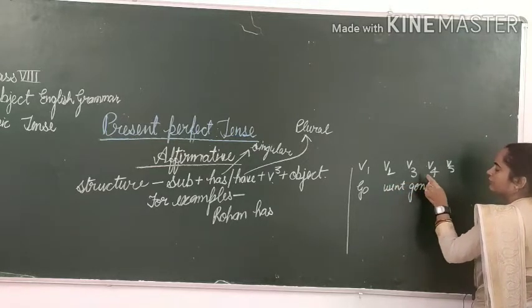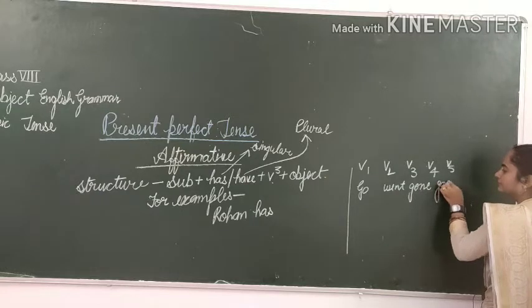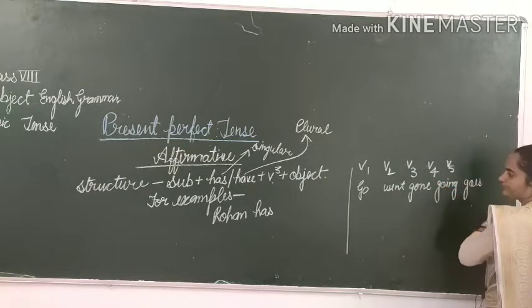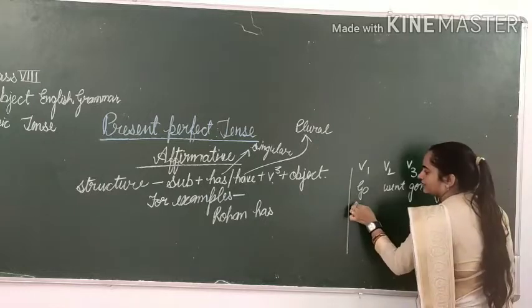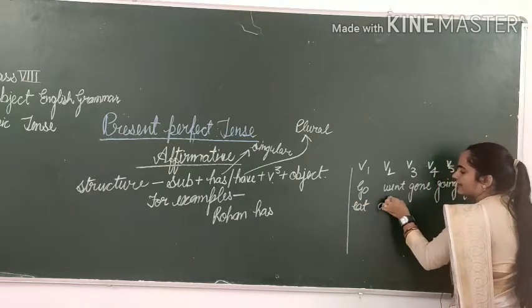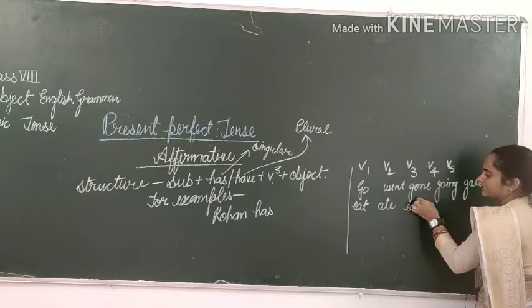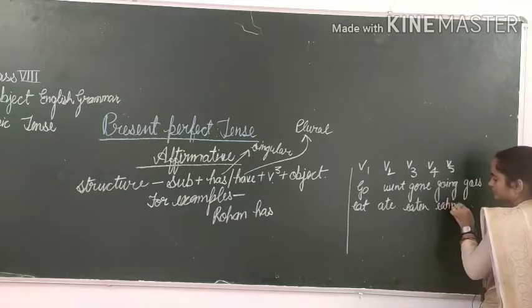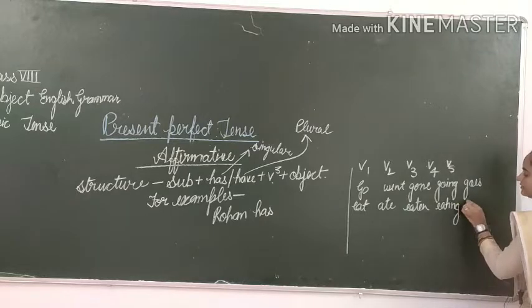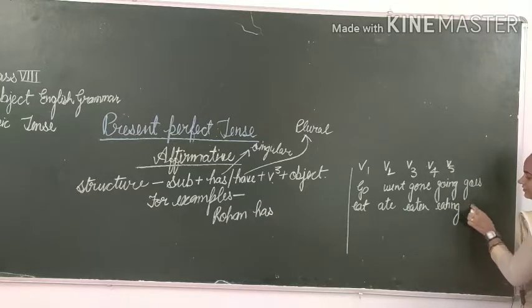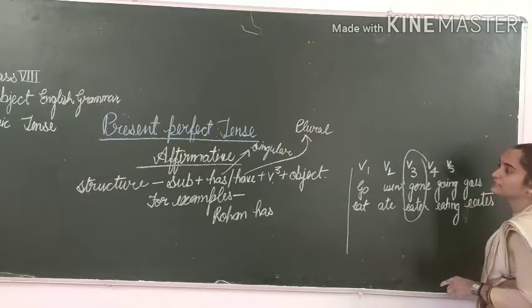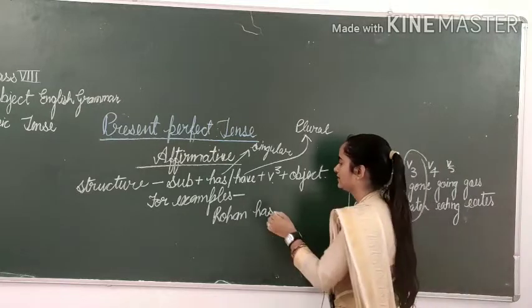V3 is your gone, going, and next one is goes. Another one, eat, ate, eaten, eating, and eats. So what is your MP3? This form means past participle.